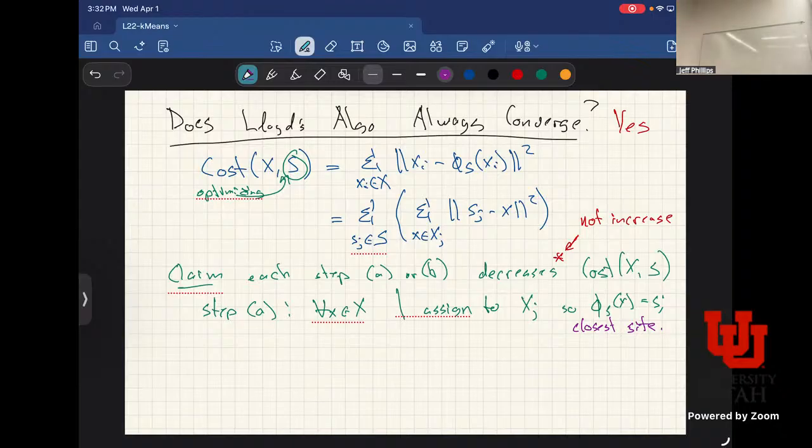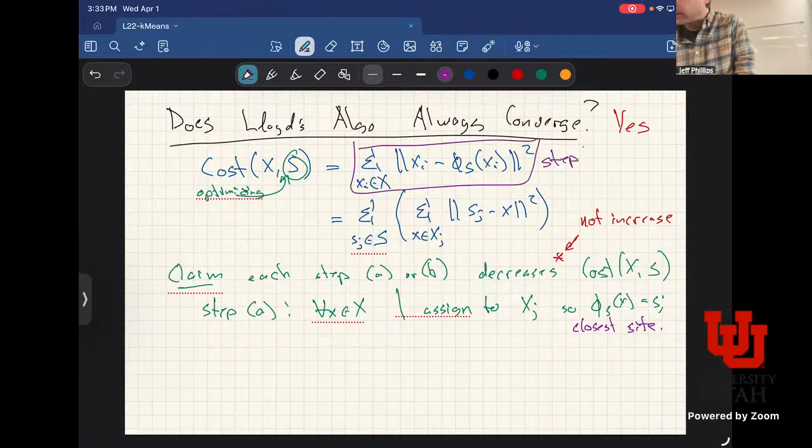So if I look at this part of the cost function, and change its assignment to a different site that's closer, then that component, if I'm assigning it to a point that's closer, has to decrease.